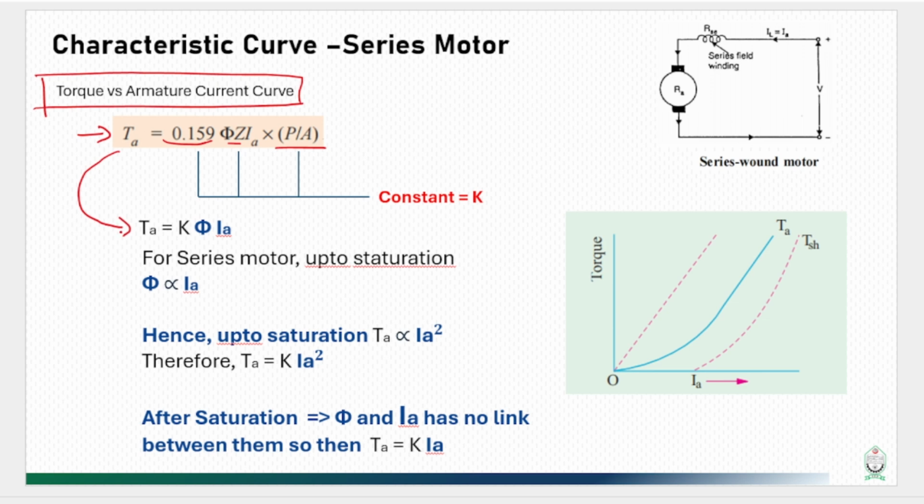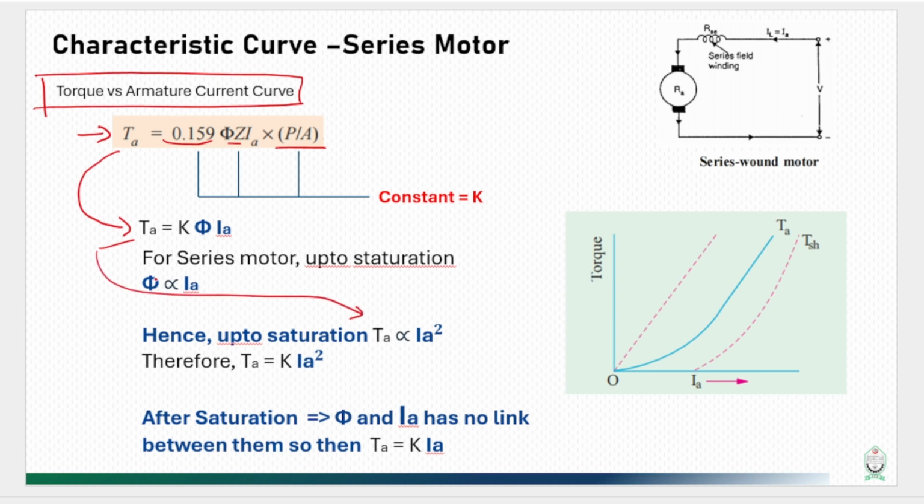Also, there is a thing we learned when we were discussing the classification of motors. We learned that the flux and armature current have a proportional relationship until our motor reaches the saturation point, which helps us write this in this way.